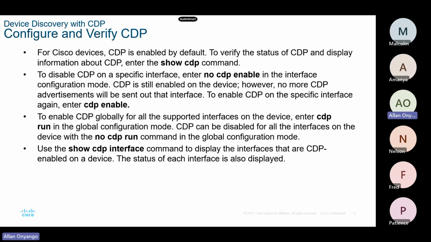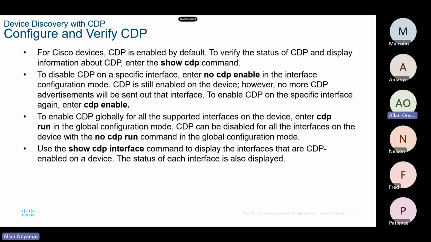So if you want to enable it on an interface, you go to that interface, for example, interface G0/0, and you say cdp enable. By enabling it on that interface, it begins to send CDP advertisements to other CDP enabled devices. If you need to disable it on that interface, you say no cdp enable.